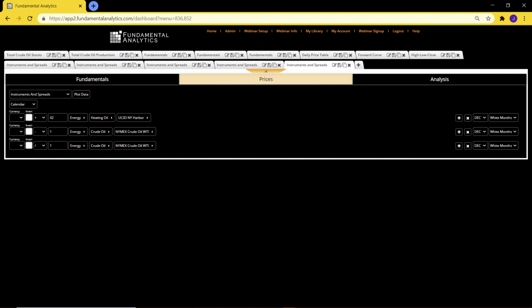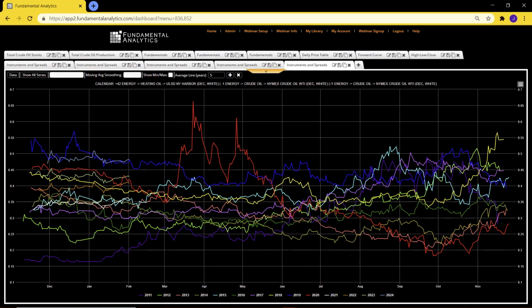So you think of it this way as a spread, A minus B divided by B, to adjust for the values of B over the years. So there it is adjusted, and I'll go back and compare it.